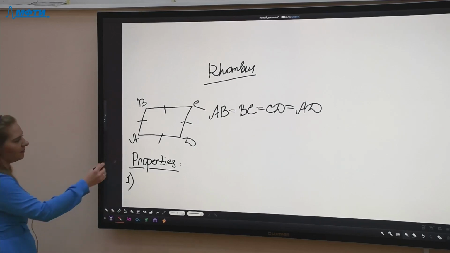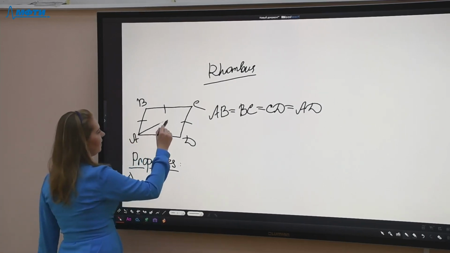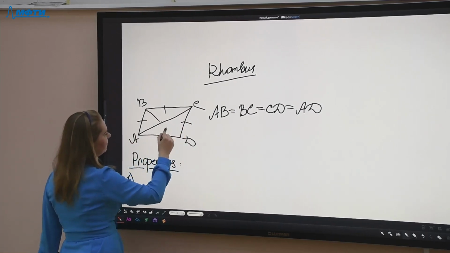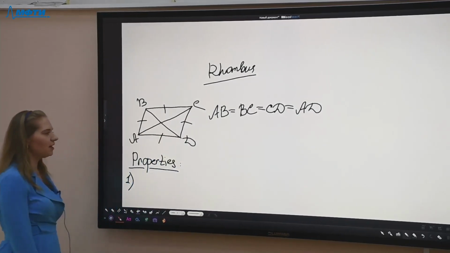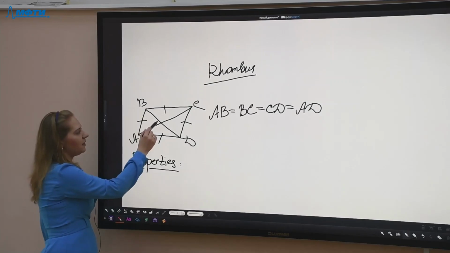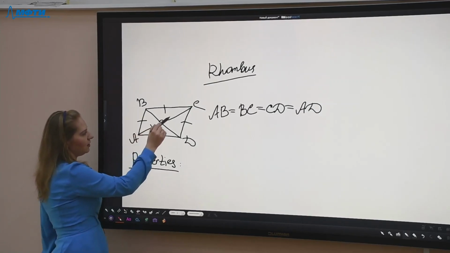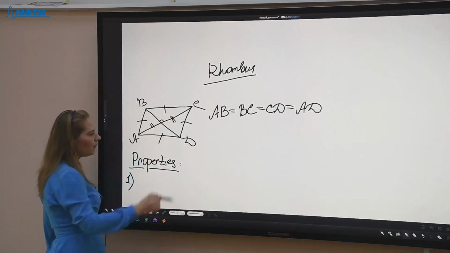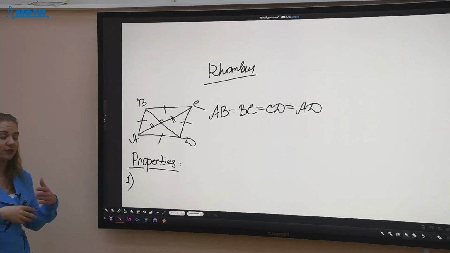Well, the first property is that if we take two diagonals, they will be perpendicular bisectors of each other. It means that they bisect each other, but also they are perpendicular to each other.